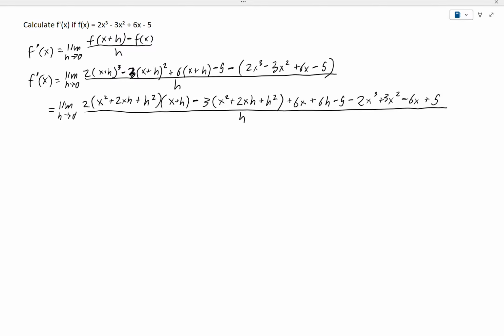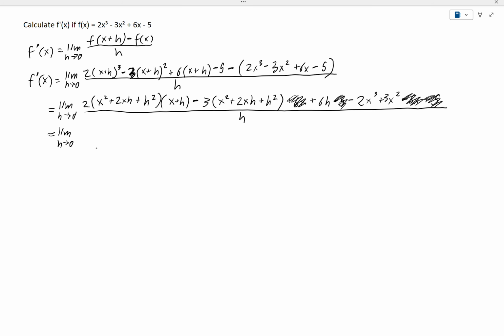There will also be less of a chance of errors if I cancel some stuff now, instead of copying all of this. So I'm going to cancel this 6x right here with the negative 6x. And I'll cancel the negative 5 with the positive 5 here. And that looks like everything that easily cancels.